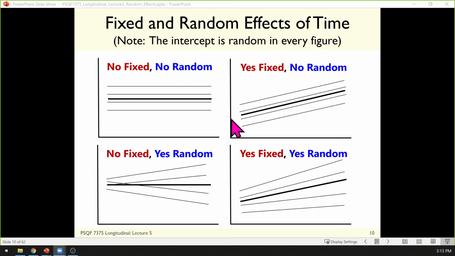The additional relationship in terms of how people can differ from each other that's implied by a random time slope is another kind of person dependency. It predicts a correlation of occasions from the same person that changes over time because of differences in change, and it predicts variance that changes over time as well. So it's a new pattern that we're going to be building in.